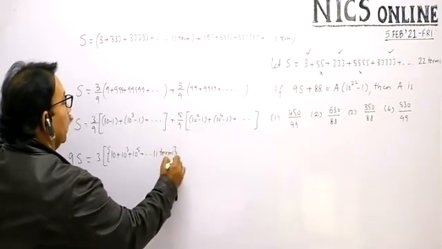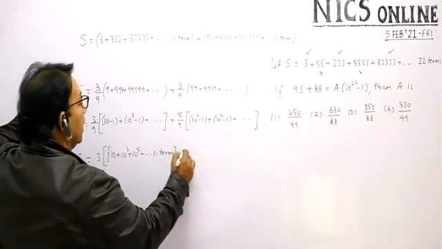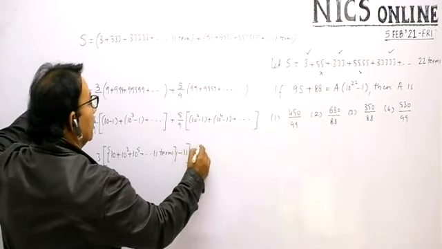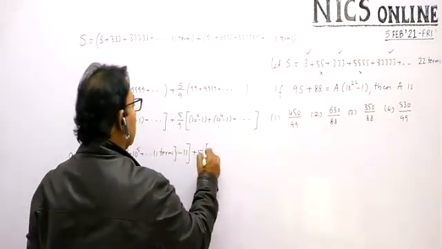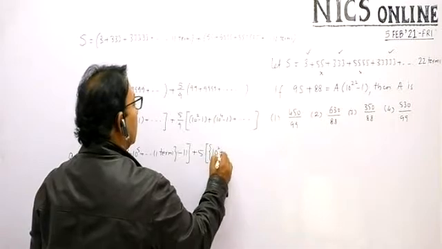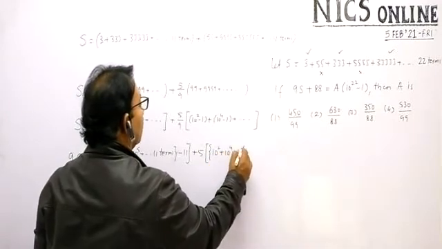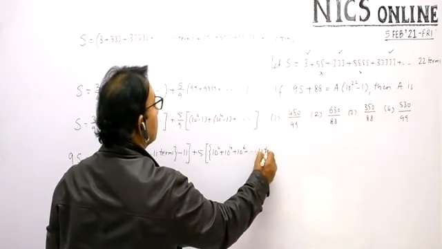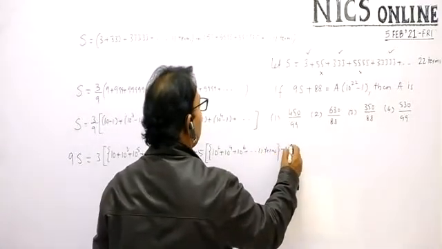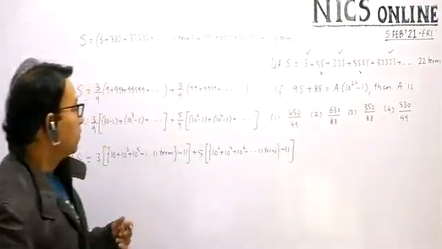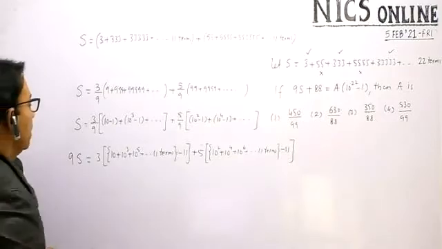Correct, and you are adding 1 how many times? 11 times, so minus 11 there. This would be 5, because 9 से हमने पूरी इक्वेशन को मल्टीप्लाई कर दिया. Sequence would be 10 square, 10 to the power 4, 10 to the power 6, 11 terms, and again 1 is coming 11 times, so minus 11 कर दिया.